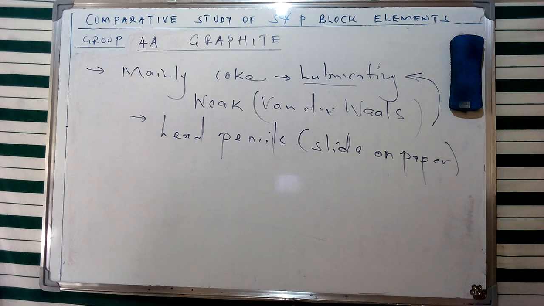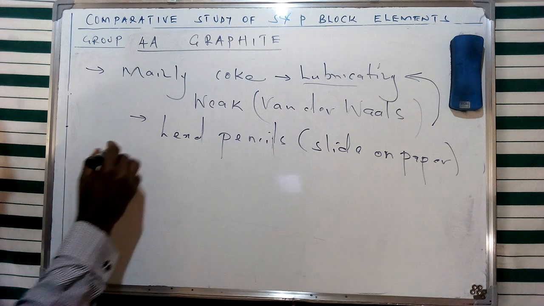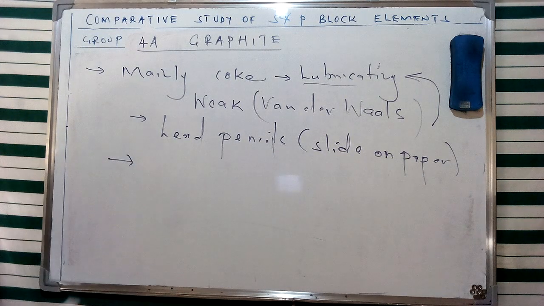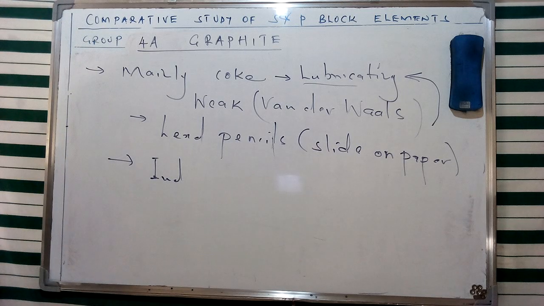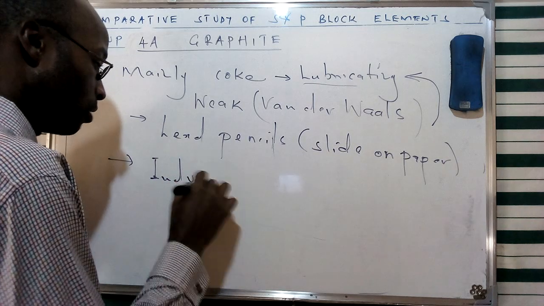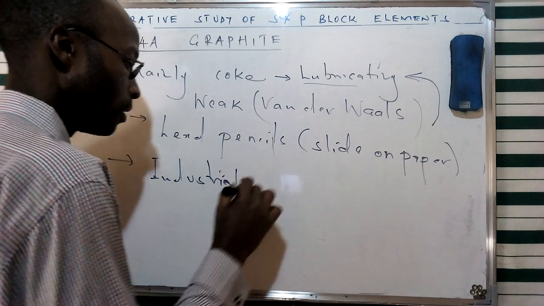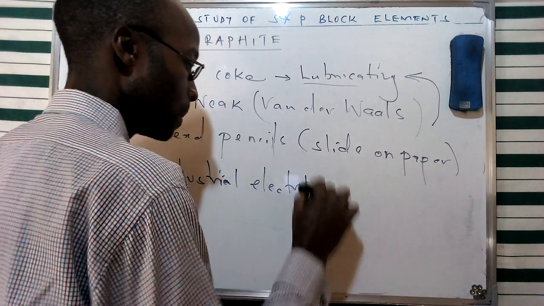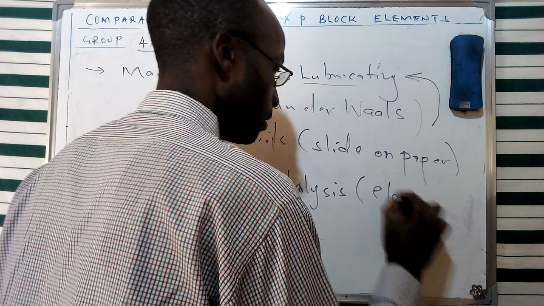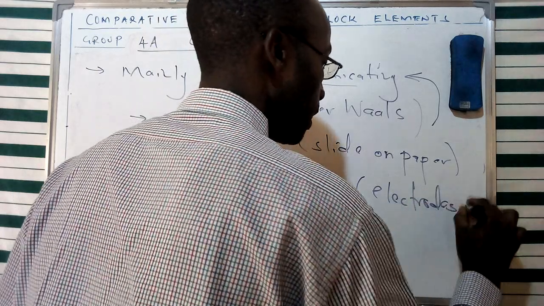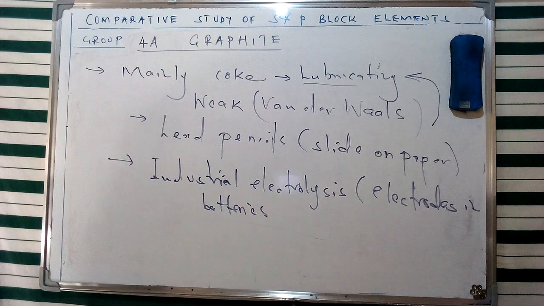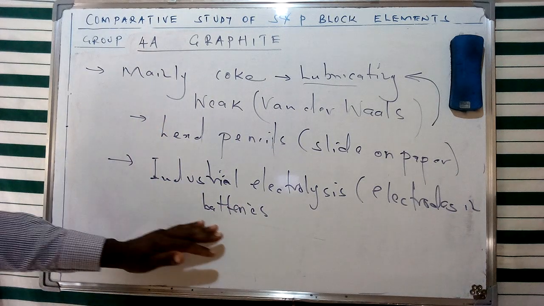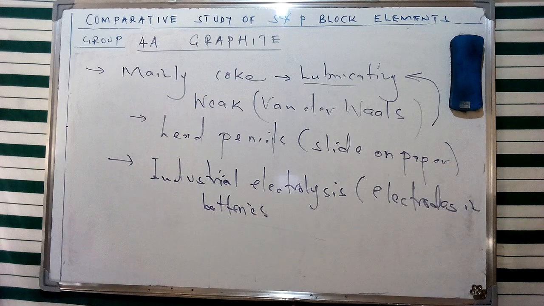Another application of this specific member of the carbon group is in industrial electrolysis, where it is used as electrodes, and in batteries. This is due to its ability, as I said, to withstand high temperatures.